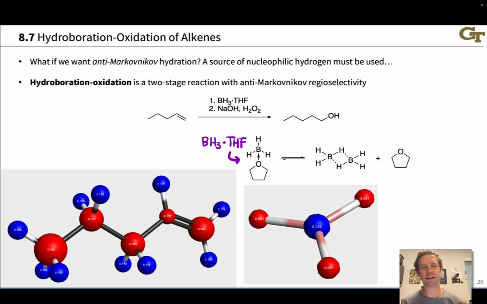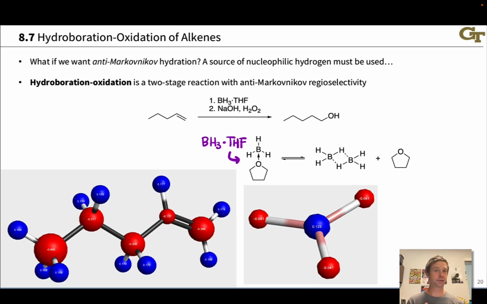To begin exploring why this anti-Markovnikov addition comes about, let's take a look at partial charges in the alkene. Something we've noted about alkenes is that the more substituted carbon is better at supporting positive charge. If we ended up with a carbocation right here, it would be more stable at that more substituted position.